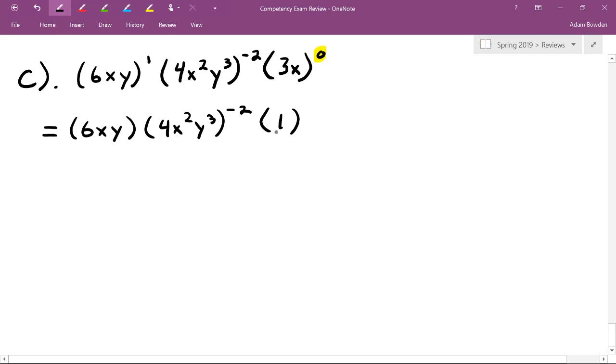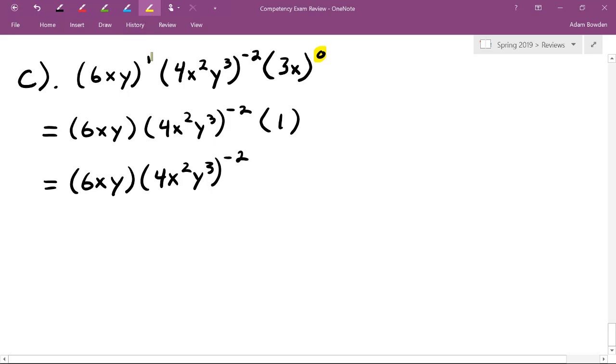Now multiplication by 1 doesn't change anything, so we can immediately just drop the 1 and leave the two things that we have here. And that takes care of the 0 power from the beginning.